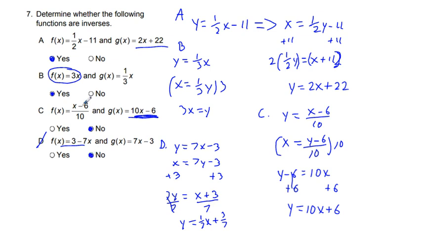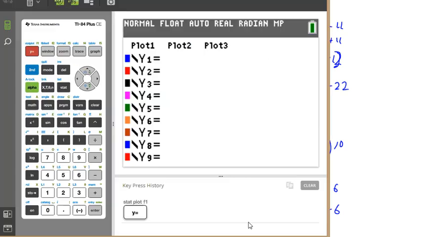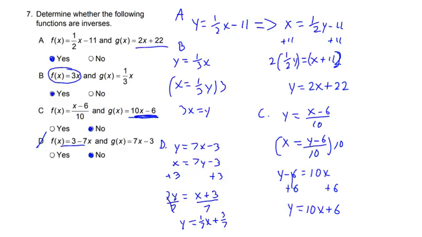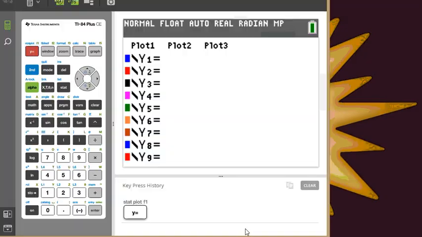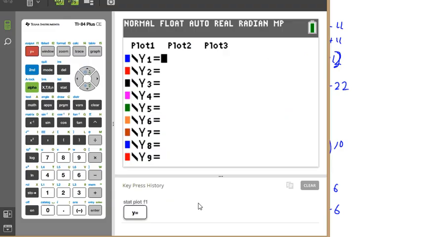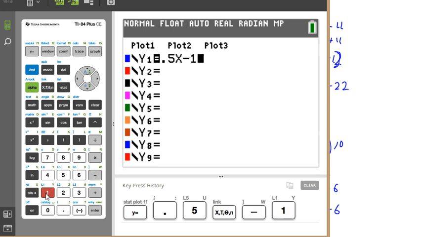I do want to show in a graphing calculator what these will look like, because I don't know if people did that enough. So the first one we have is part A, 1/2 x minus 11.